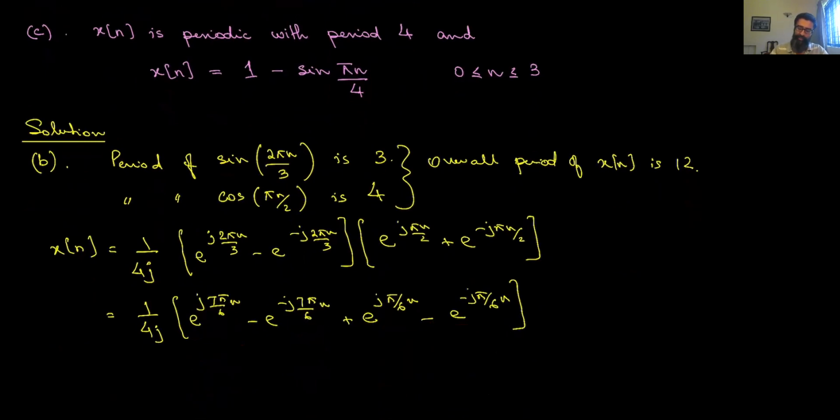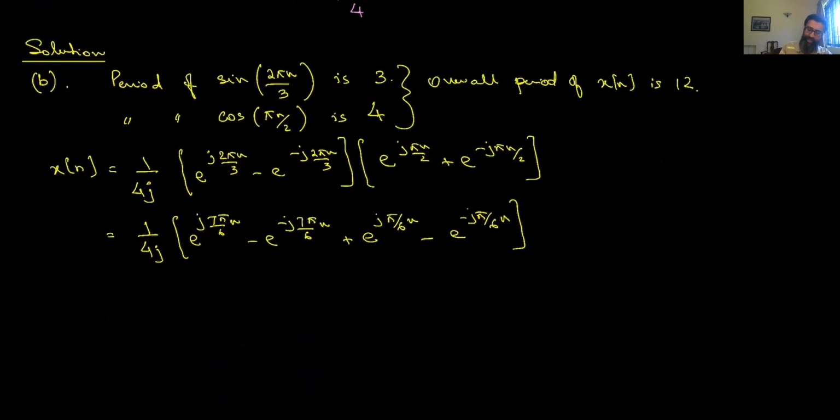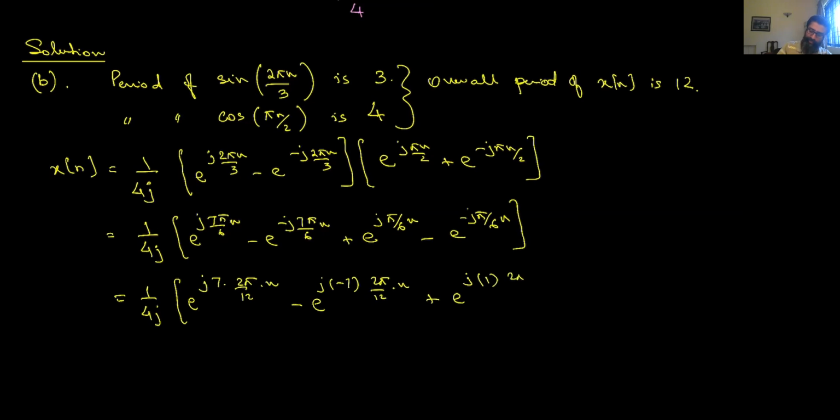And then from here you can quickly see, because the period is 12, this is 1 upon 4j, e raised to power j 7 times 2 pi by 12 times n, minus e raised to power j minus 7 times 2 pi by 12 times n, plus e raised to power j 1 times 2 pi by 12 n, minus e raised to power j minus 1 times 2 pi by 12 n, and there you have the Fourier series coefficients.